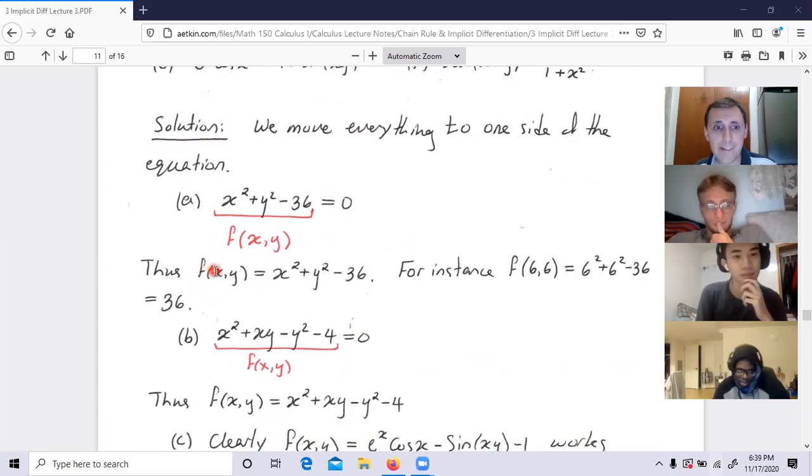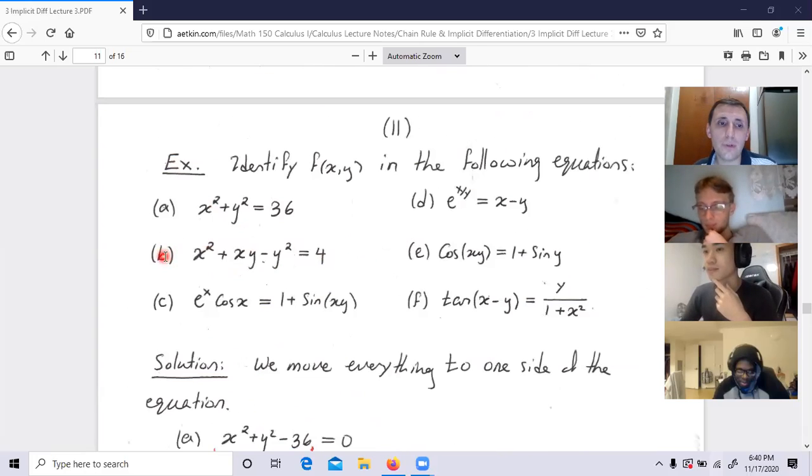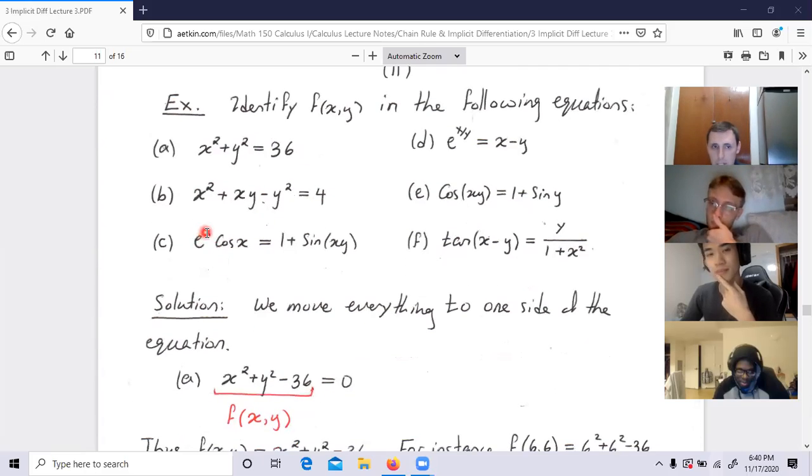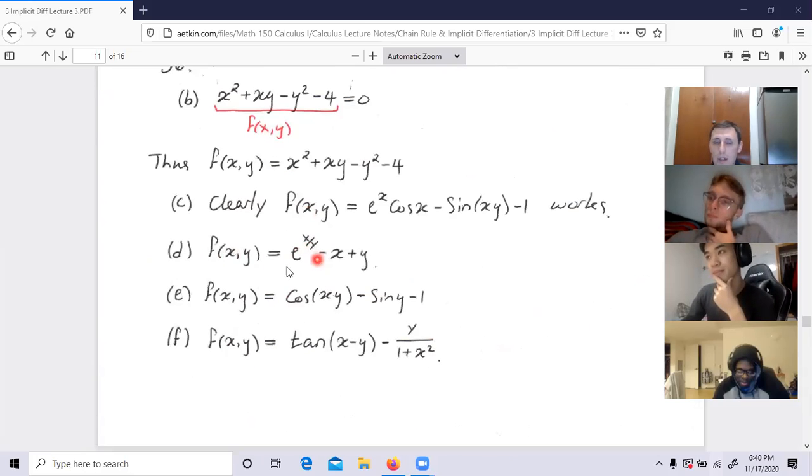So f of x, y, the function of two variables, will equal x squared plus y squared minus 36. Now, for b, the function of two variables is x squared plus xy minus y squared minus 4. You see, just move everything to the left, and you'll get the left side equal to 0. You understand? Whatever is on the left is an expression involving two variables, x and y.